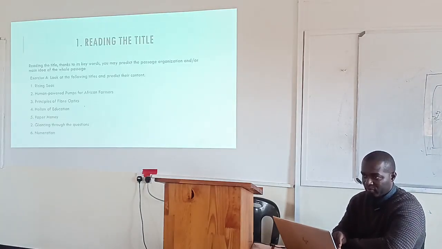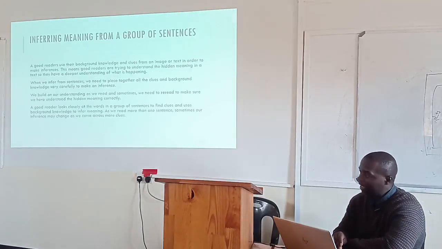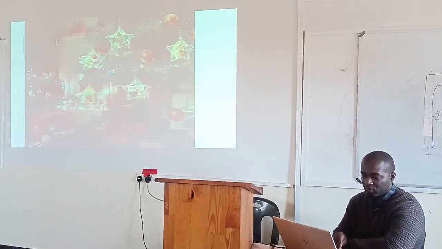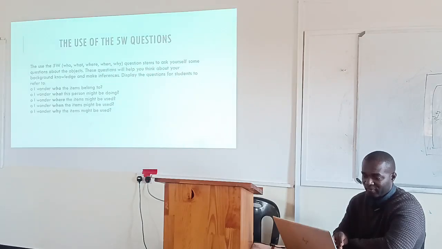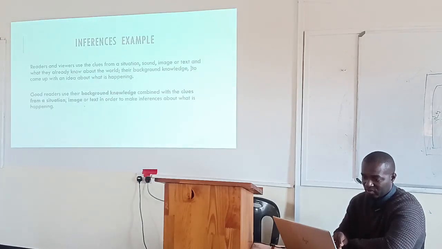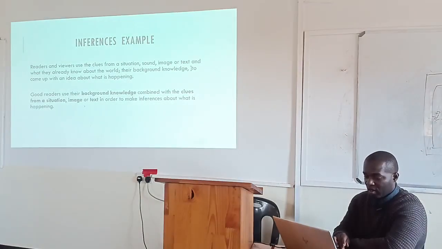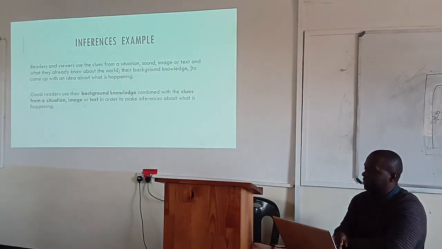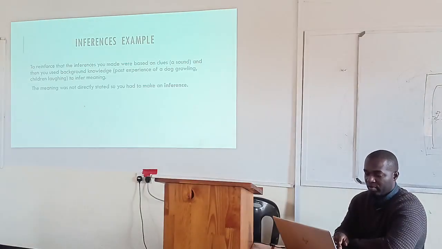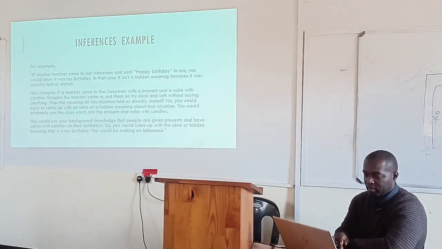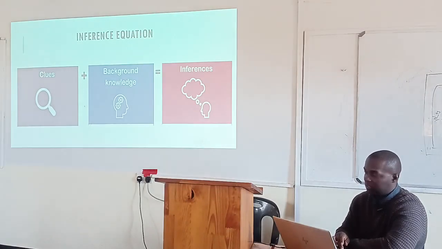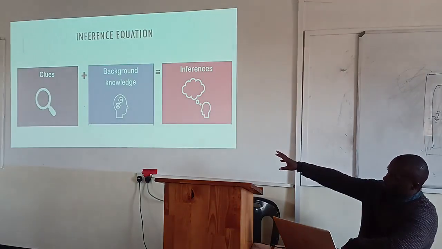And to recap, even for you who have come very late today, the main topic of today is inference. That's why we talked about this word called inference. Inference is like, as you are reading text, you should be able to make a conclusion. This is the inference equation.